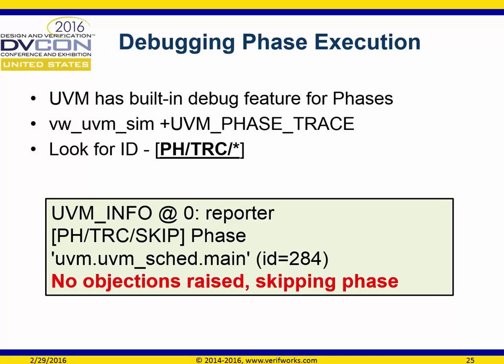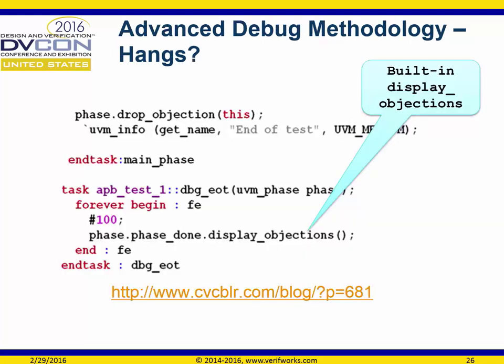All the common phases, a lot of information is actually printed in the log file, and you can just go through the messages by grepping through them. And what you will notice is there are no objections for certain phases, and that is why it is skipping the phase.